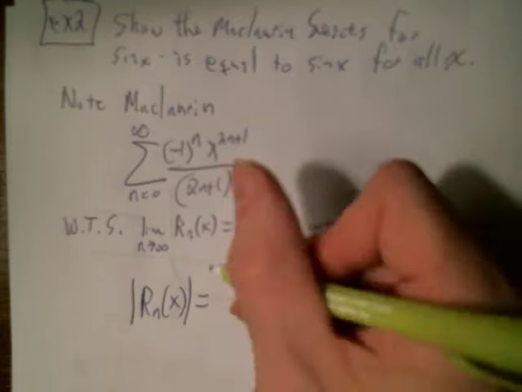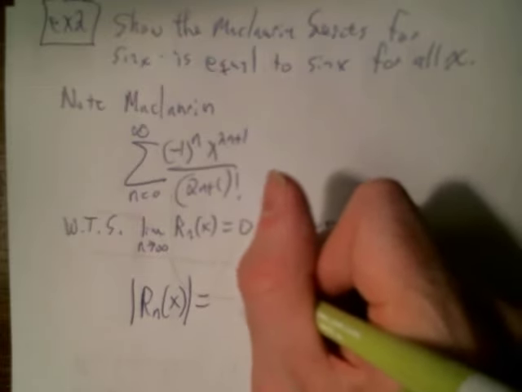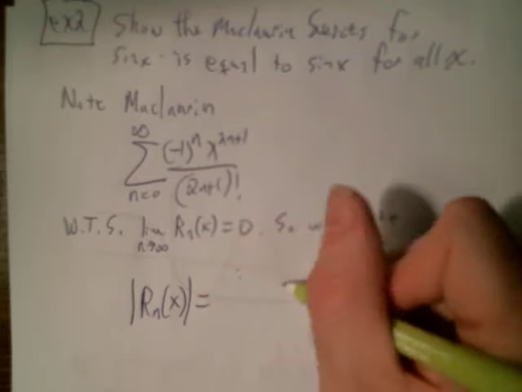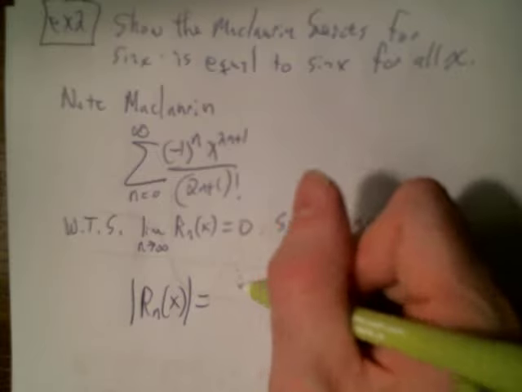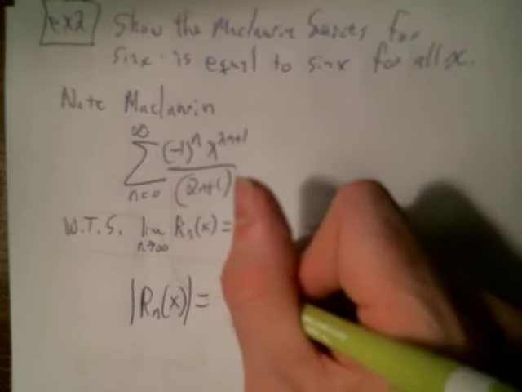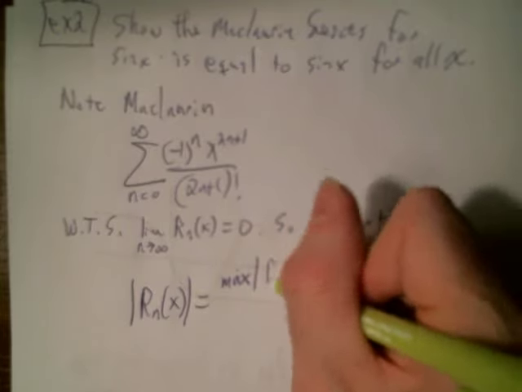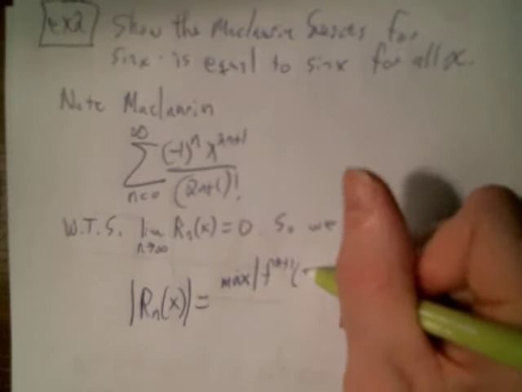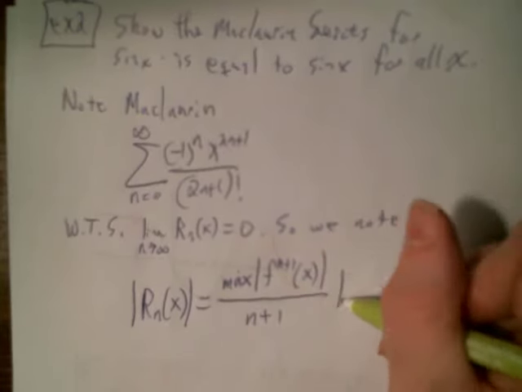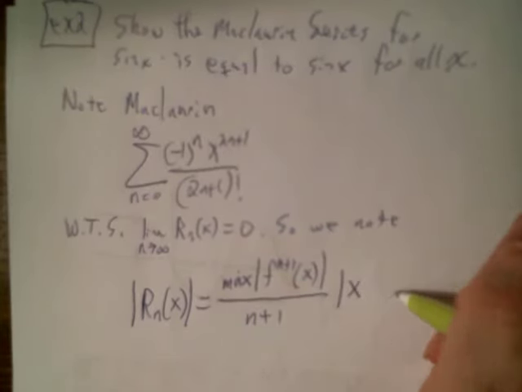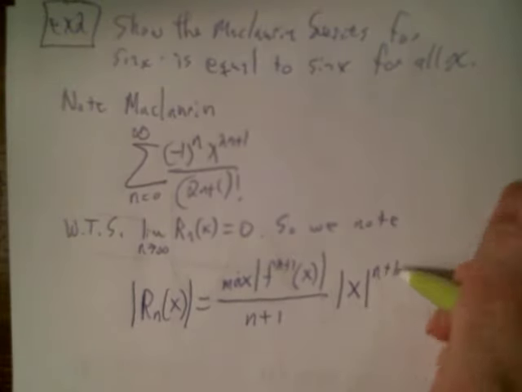So the next term would be, in absolute value, the maximum of the absolute value of the (n+1)th derivative on some interval, divided by (n+1)!, times the absolute value of x minus c. In this case, c is 0, so we just have x to the n+1.